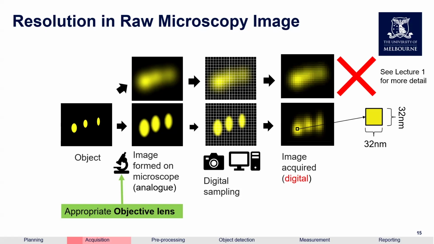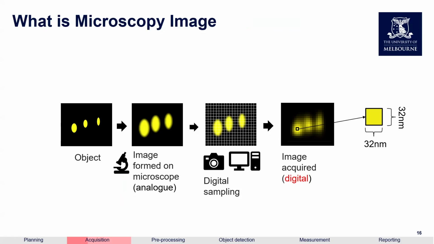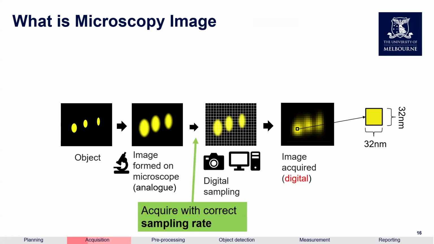The objective lens selection and how it determines resolution is already covered in our first lecture, so if you have missed it, please check it out. The second factor is the sampling rate, which is used when converting the analog signal to a digital image.